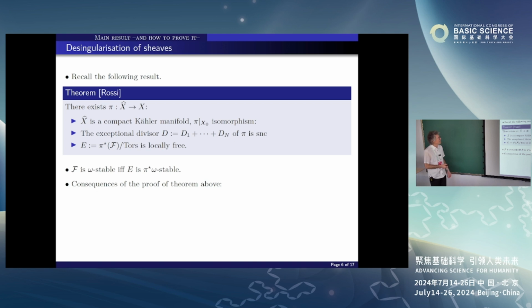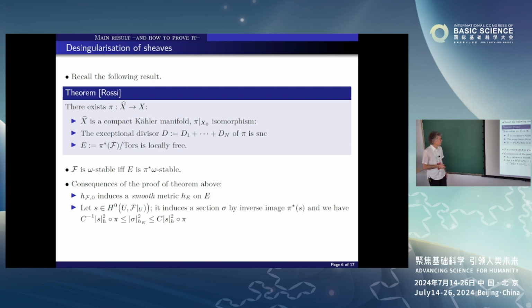As a consequence of the proof of Rossi, what we can say is the following: the metric that we constructed induces a smooth metric on this one automatically. So this is another motivation, concerning what Florin asked: we get this somehow automatically from the proof, from the way these objects are constructed.